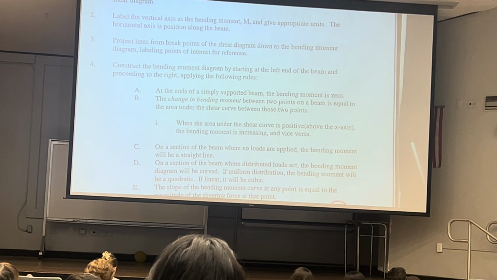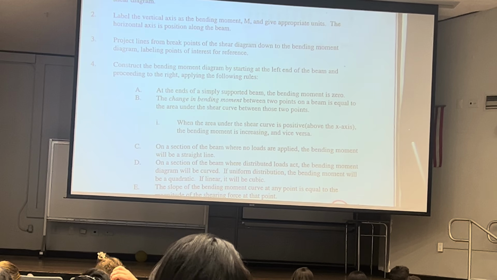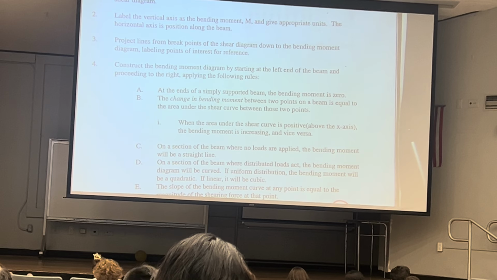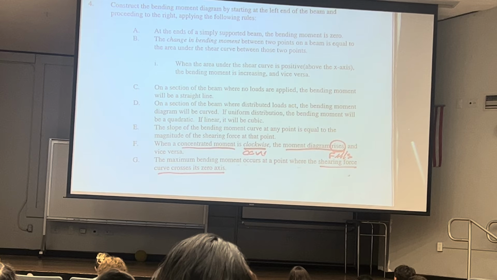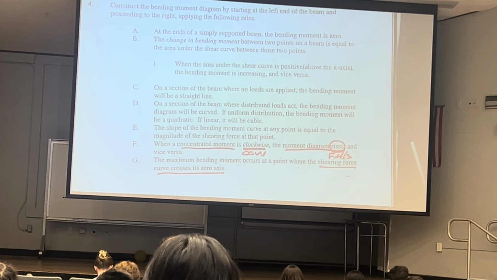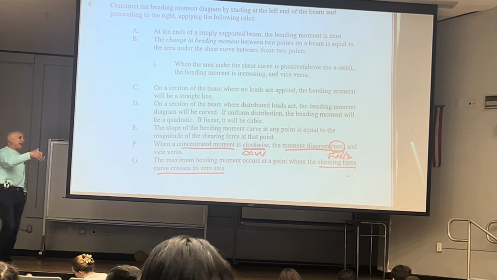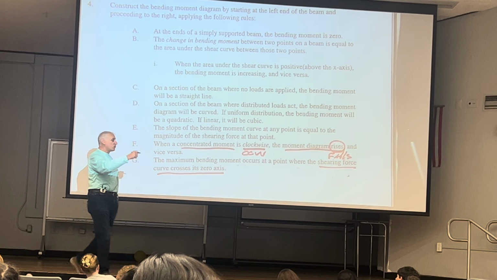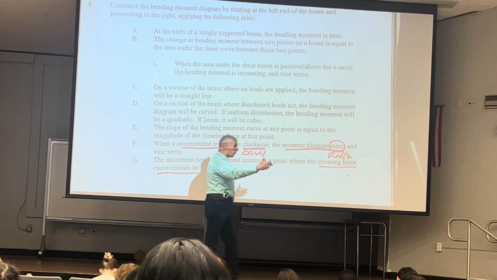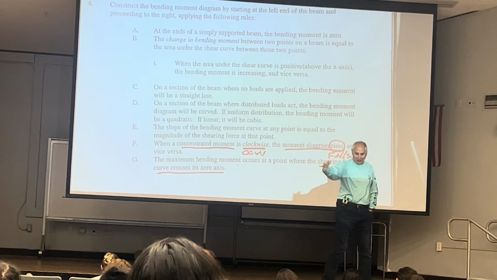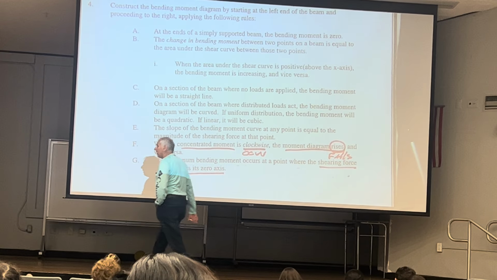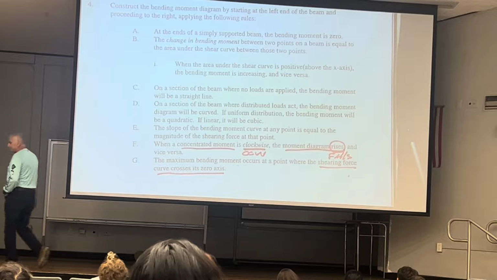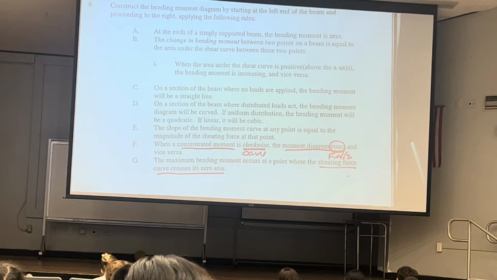Notice G. Maximum bending moment occurs at a point where the shear force crosses 0. So I need you to look at the guidelines for drawing shear and bending moment, page 147 and 148. I'm not going to read the whole thing to you. You're capable of reading. But there's some hidden gems in there that you need to be aware of. Okay? That's just the way it is.